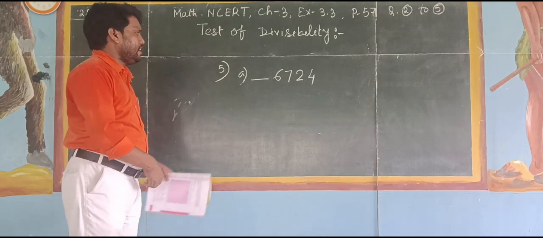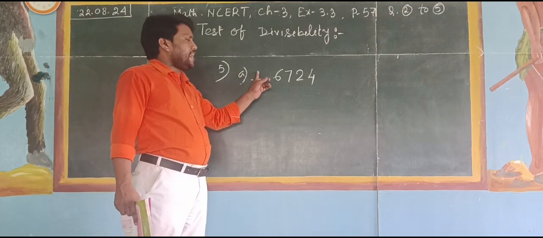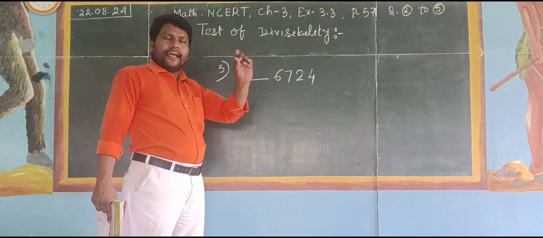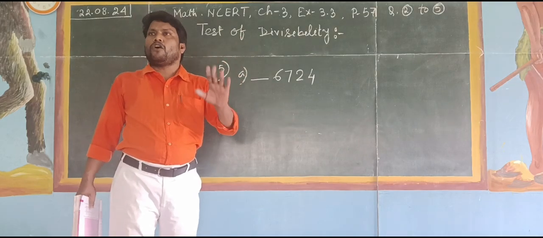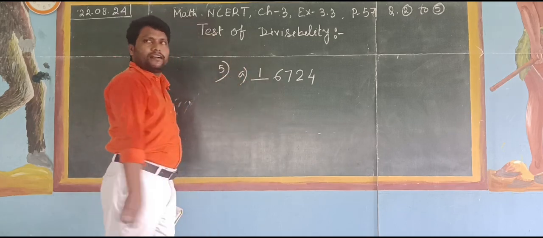That means actually you have to take the smallest digit here and the greatest digit, and determine whether it is divisible by 3 or not. Suppose you take 1 here.